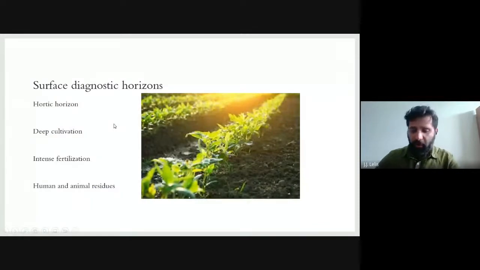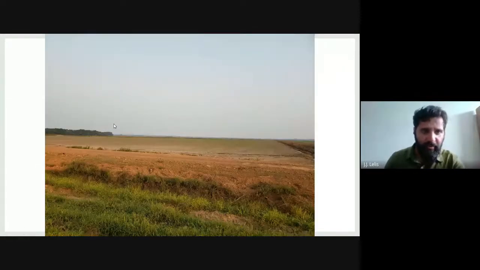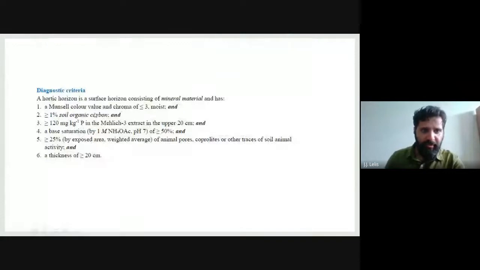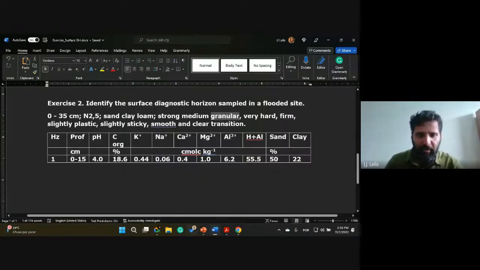Just the hortic horizon should present a high base saturation. And in this case, I could calculate it, it's quite easy to calculate. Let me show you. How can I do this?